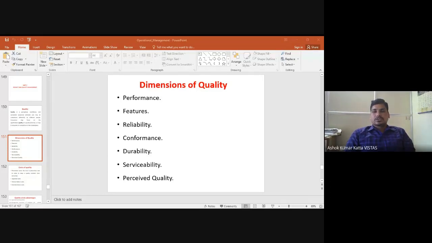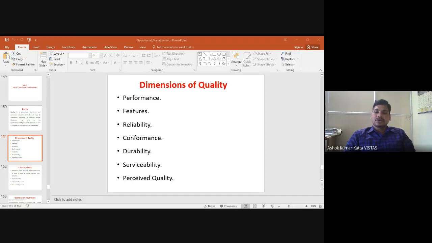The first point deals with performance. Being a consumer, when I want to buy a product, the product performance should be good. Then only I will say this product is really good. I bought this laptop some time back, and till now the performance is the same as on day one.